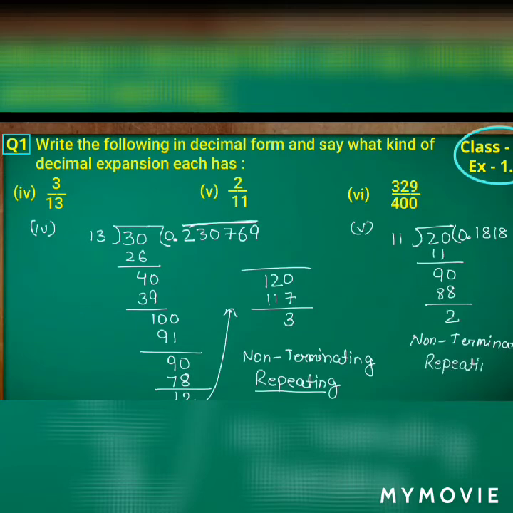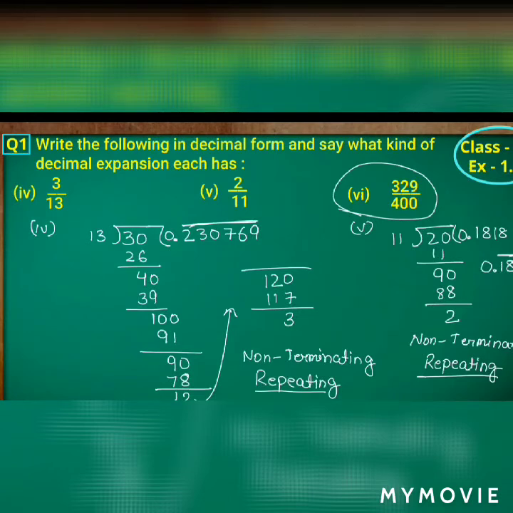And if you observe the quotient, 0.1818 can be written as 0.18 bar. Since 18 is going to be repeated, we have to put the bar for 18.